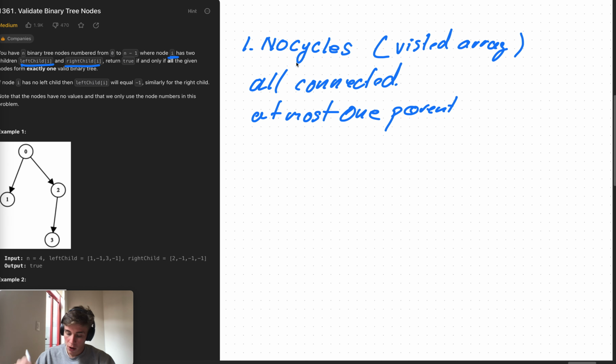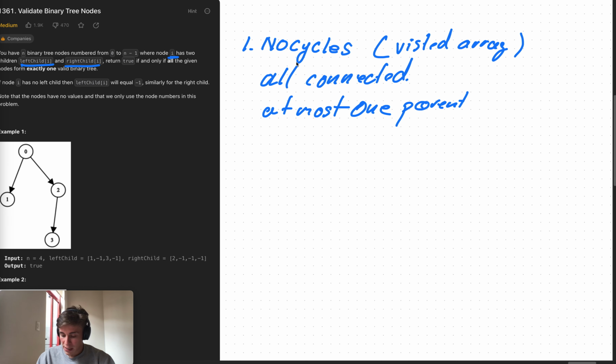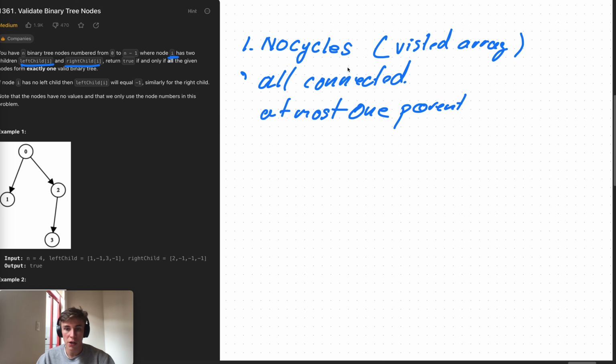All connected. This actually could probably also be done with a visited array. Why I say that is because by the end of the traversal, if we see that some nodes have not been visited, we can automatically say that the tree is not connected. And at most one parent.